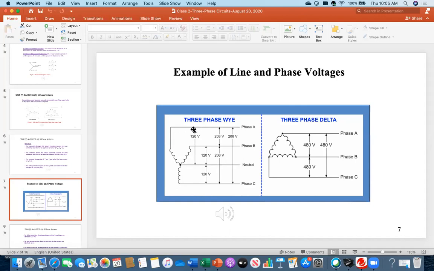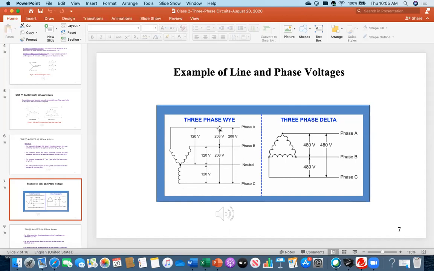That's why, when it is between phase A and neutral, this is the phase voltage. Similarly, between phase C and the neutral line, 120, this is also called the phase voltage for phase C. Similarly, between phase B and neutral, 120, this is the phase voltage.